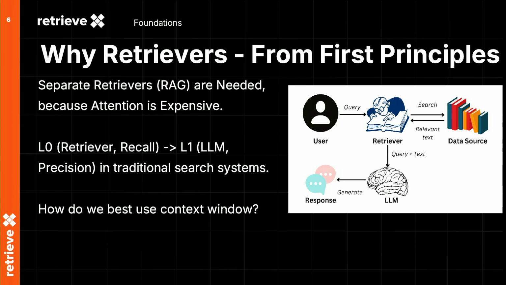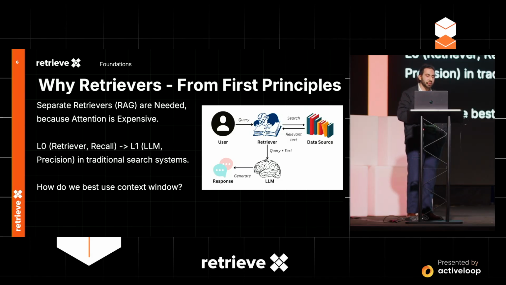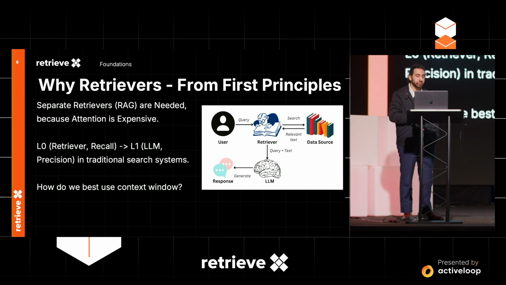So if you've ever worked on traditional search systems, this is what's traditionally called your L0 step. And your LLMs are a very, very high precision engine that is very expensive to run, and context length is how your compute grows with your high precision system. So for retrieval specifically, it's a very fundamental question of how do we best use our context window.